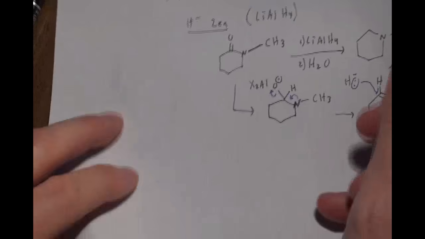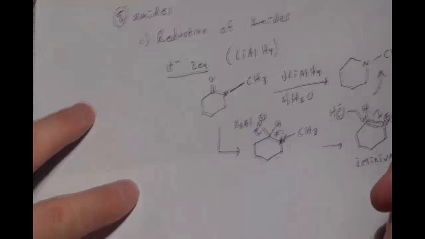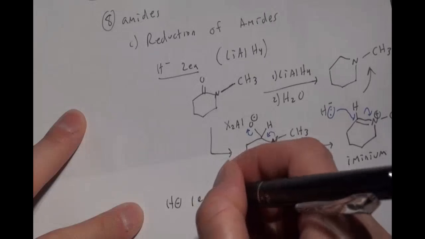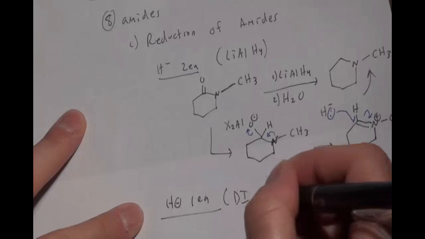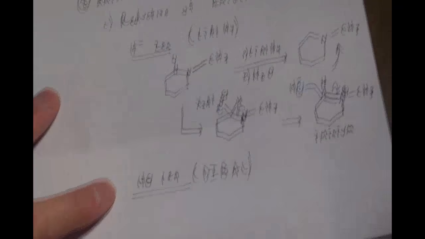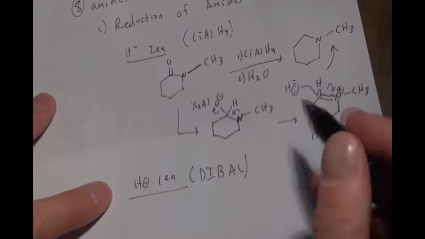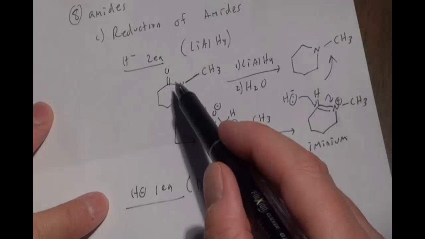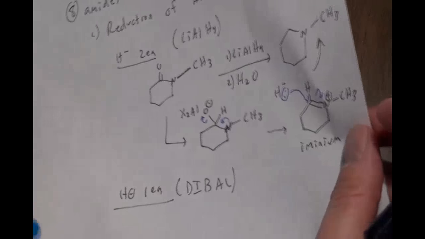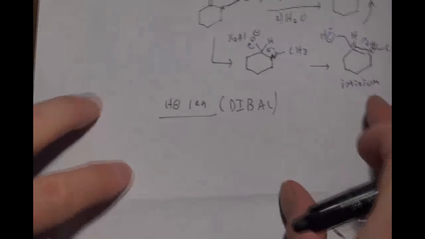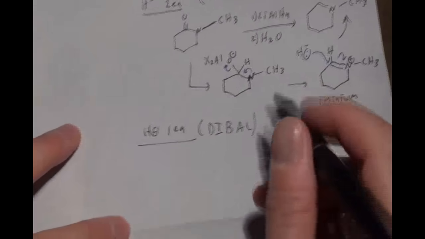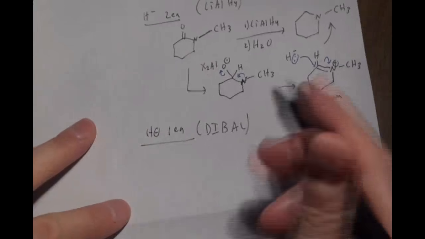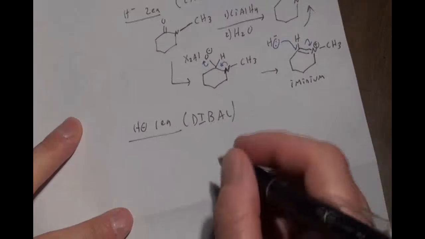And what happens with one equivalent of H-, which is like DIBAL, is the more conventional reduction where the H attacks, electrons go up, electrons go down, and then the nitrogen kicks off. I'll show that briefly also. Okay, so I'll even do it on the same substrate.